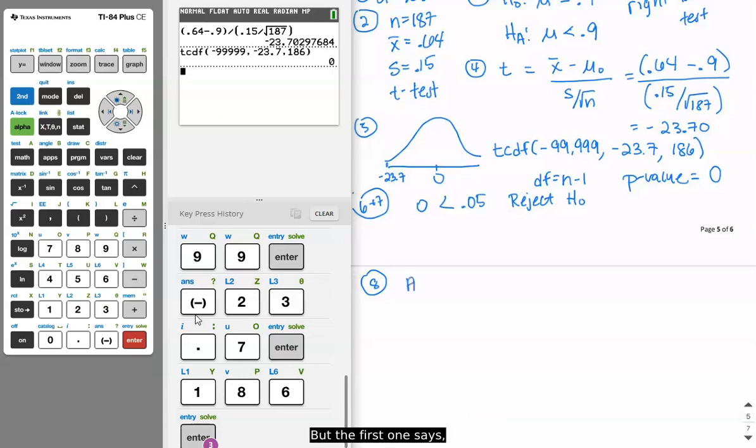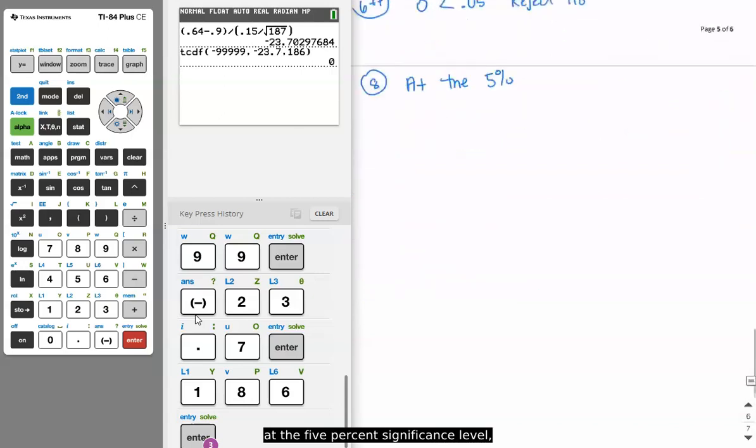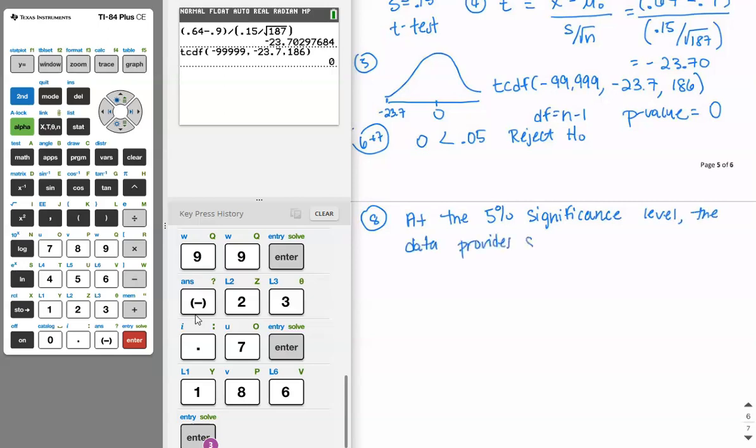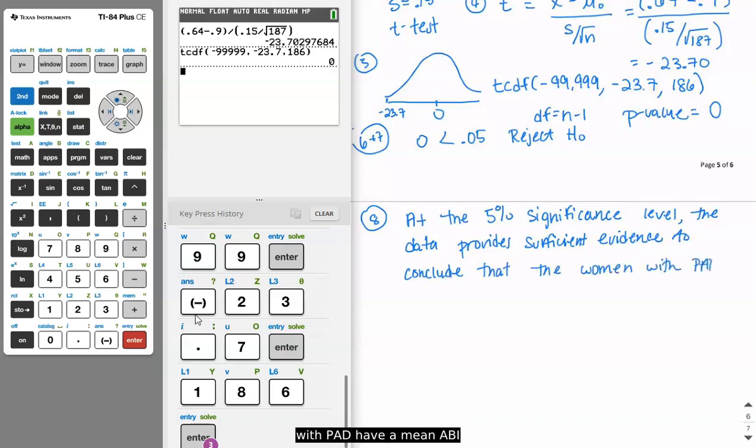The first one is: at the 5% significance level, the data provides sufficient evidence to conclude that the women with PAD have a mean ABI less than 0.9. So that's one way.